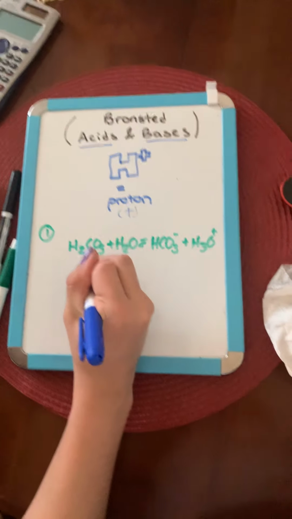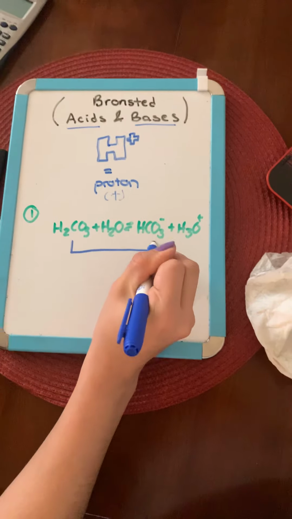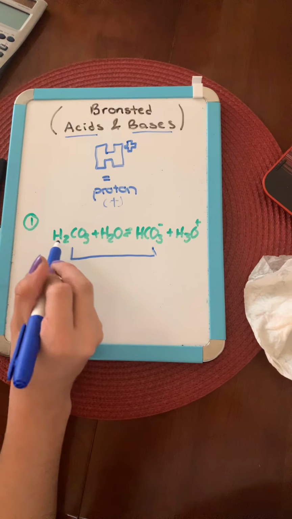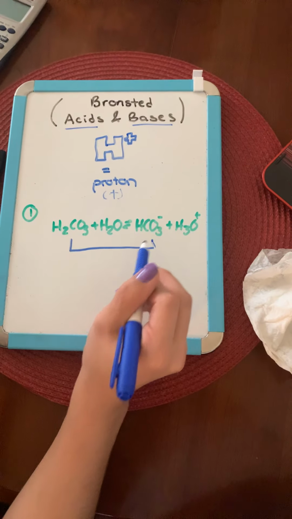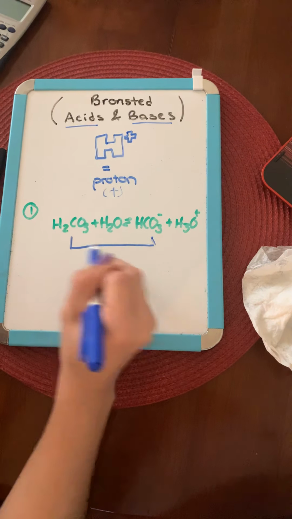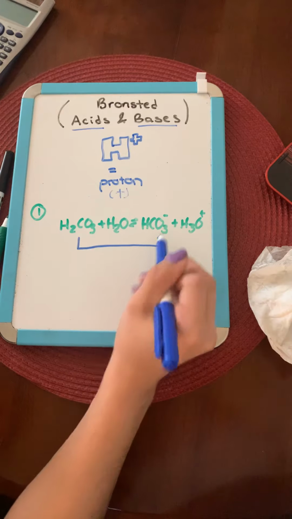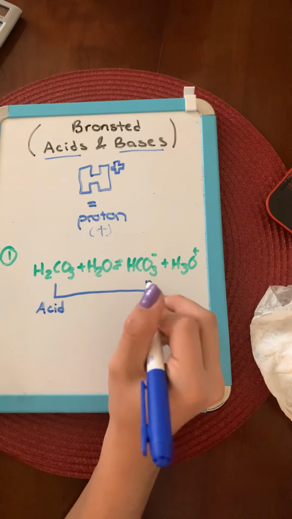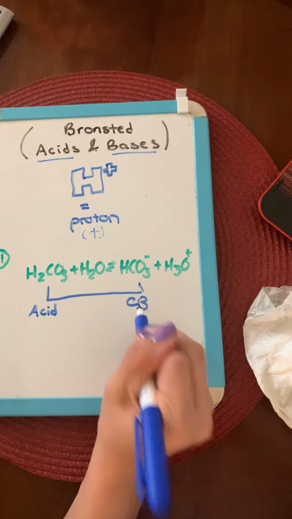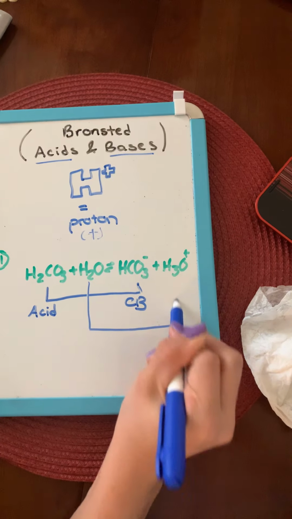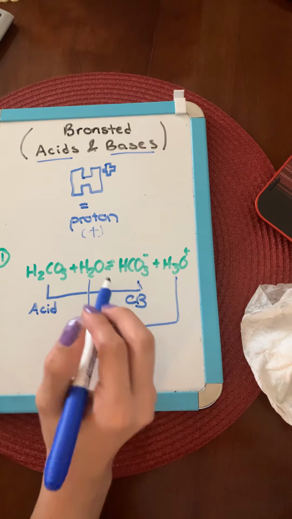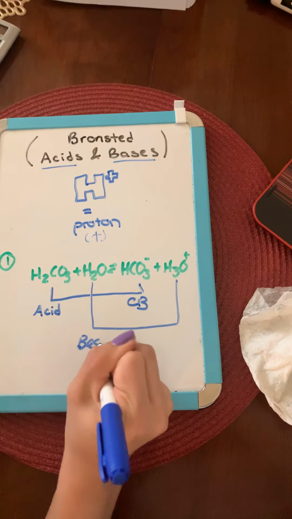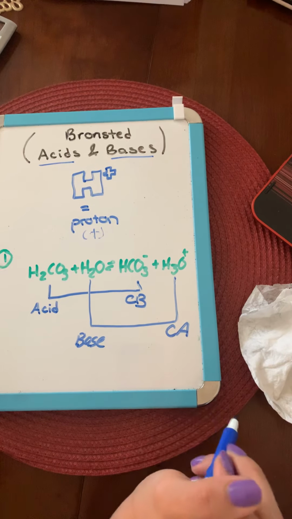Before it was H2CO3, but then it went to HCO3 minus, so it went from having 2 H's to 1. It donated, because it doesn't have as many H's as before. So H2CO3 would be the acid, and HCO3 minus would be the conjugate base. For H2O, it gained an extra H, which means it received it from the H2CO3, making it the base, and H3O plus the conjugate acid.